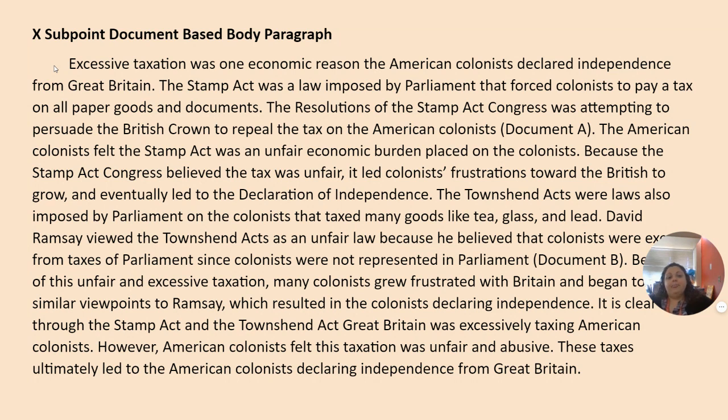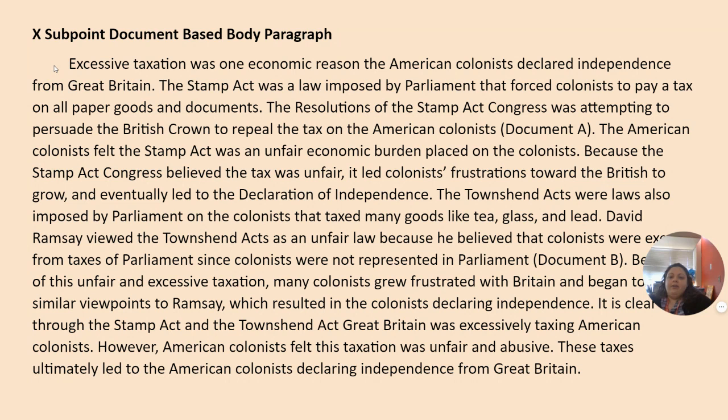So think about which HIP element is that. Okay, if they are trying to persuade someone to do something, that's purpose, right? This document had the purpose to get the British Crown to repeal the tax. But now we have to analyze how that statement, persuading the British Crown to repeal the tax, how did that cause the American Revolution?